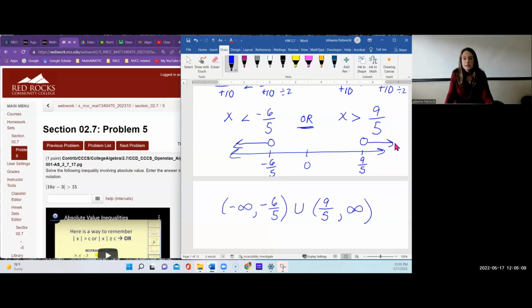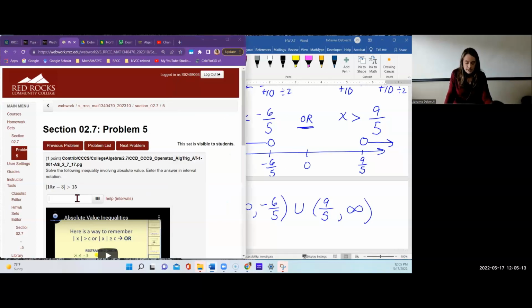Let's try entering this into WebWork and see how we do it. I'm thinking we should use an uppercase U. So we have parentheses, negative infinity, comma, -6/5, close parentheses, and let's try a union and see what it does.